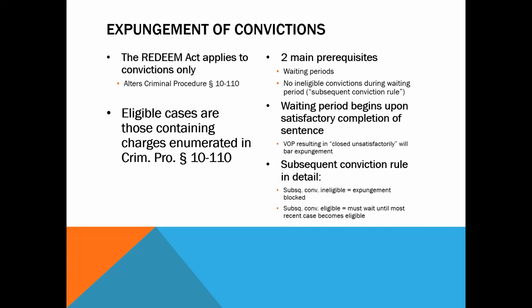So 10-110 is really just a long list of specific crimes that have been singled out as being potentially eligible for expungement if a person is found guilty. And I say potentially because there are certain requirements that a person has to meet. In 10-110, there are two main prerequisites required for eligibility. Those are the waiting periods and the subsequent conviction rule.